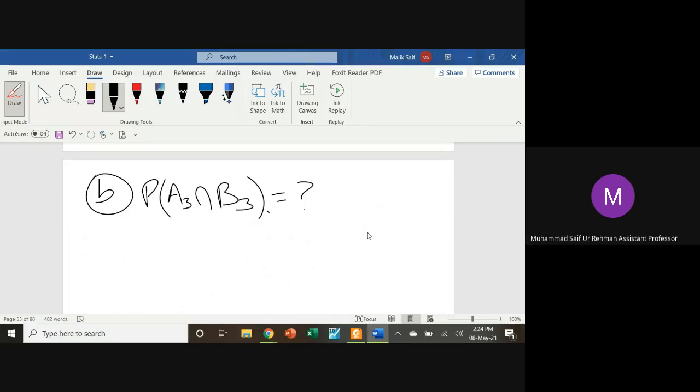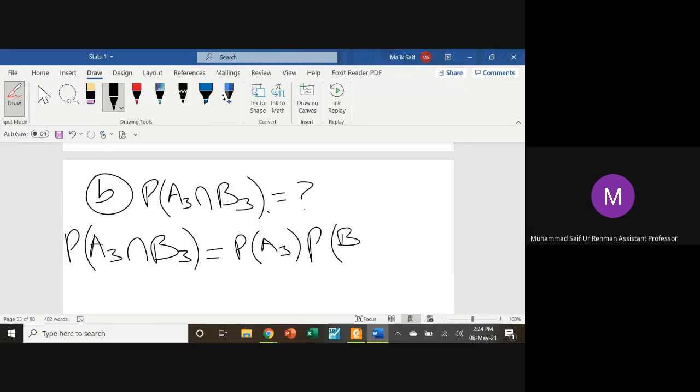We know that in situations where events are dependent, we use the general rule of multiplication, and that is, in this particular case, A3 intersection B3 is equal to probability of A3 multiplied by probability of B3 given A3. Am I right? Yes, sir. Fine.